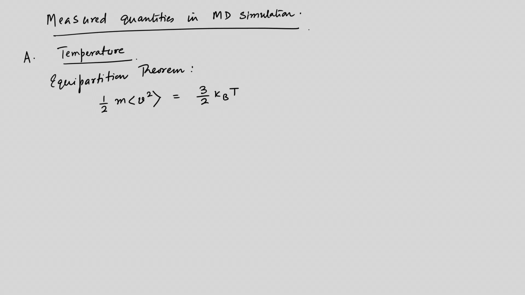The statement is that at thermal equilibrium at a temperature T, the contribution to each harmonic degree of freedom is kT by 2. If you have one more harmonic degree of freedom, as in a harmonic oscillator with half k x square, that would also contribute and get added to the average energy. For just a gas of free particles, not oscillators, half m v square is equal to 3 by 2 kT. Okay.